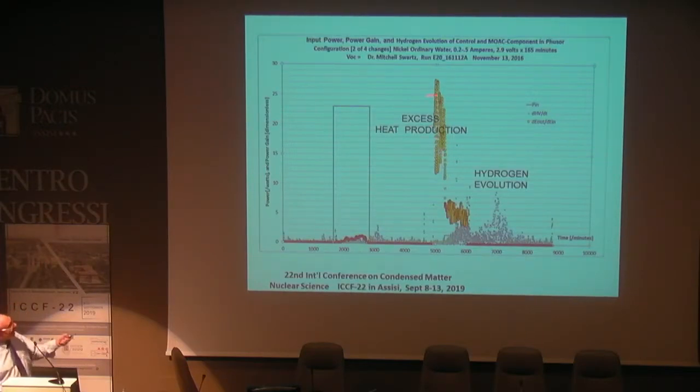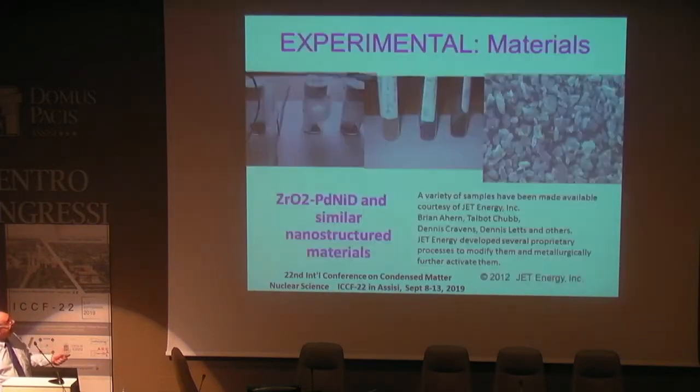In the active state, we get excess heat, and then we drove it to where it's inactive, and we just get hydrogen evolution and much less heat coming out. So if you want to get an active system, you see it here. And what we'll show you is that when we electrically drive the dry preloaded components and the wet MOAC, what we are doing is driving in the active region.